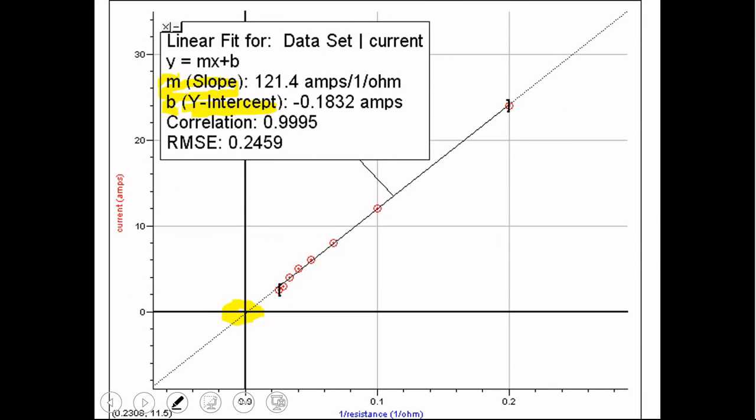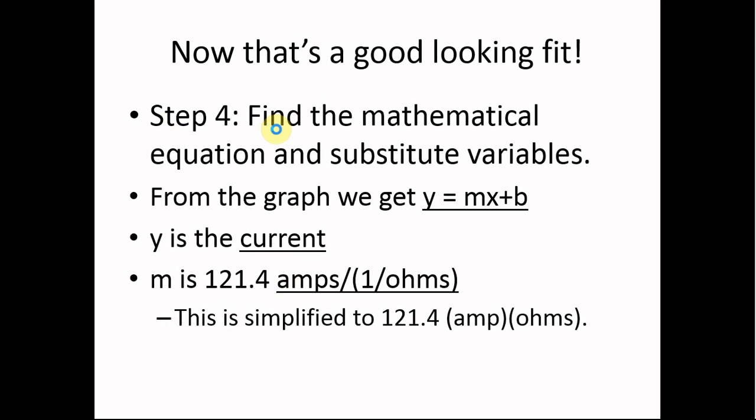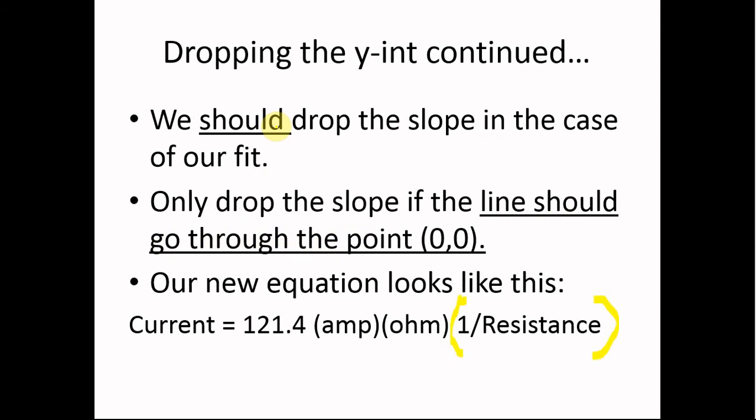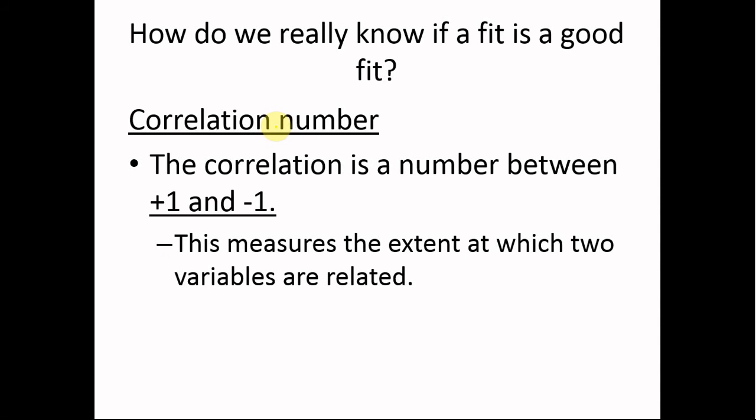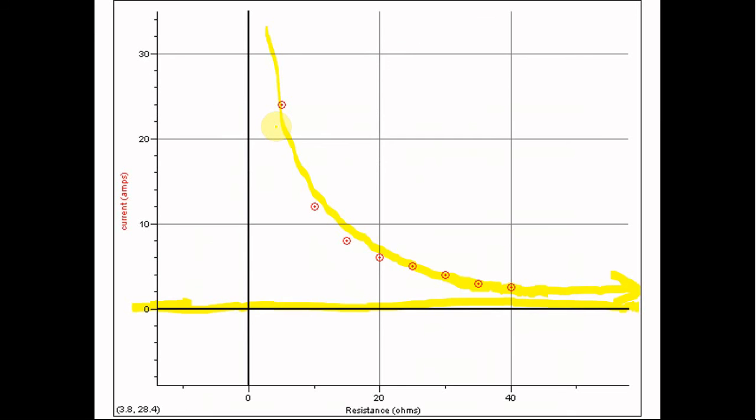If you look back here, Logger Pro actually calculates this for you. I'm sure there's a complicated equation somewhere that allows us to do this. If you look at this, the correlation is 0.9995. Now, you want your correlation to be close to either +1 or -1, and that tells you the extent to which the variables are related.